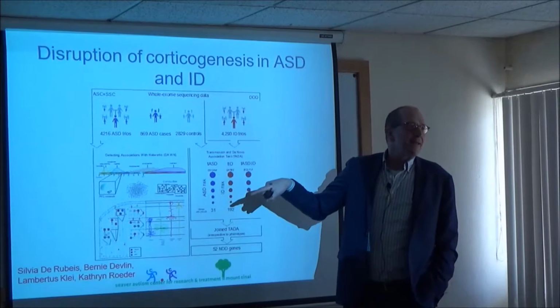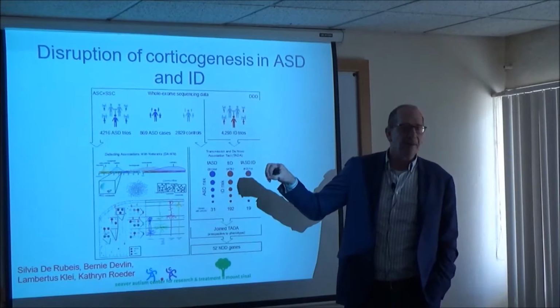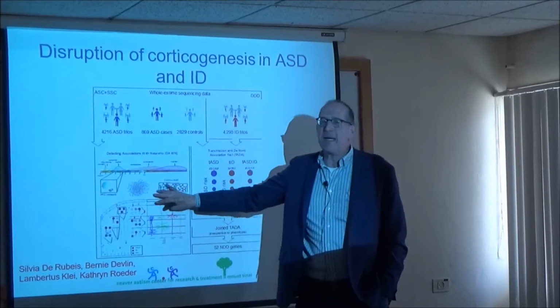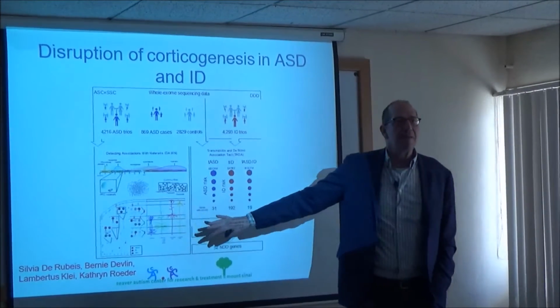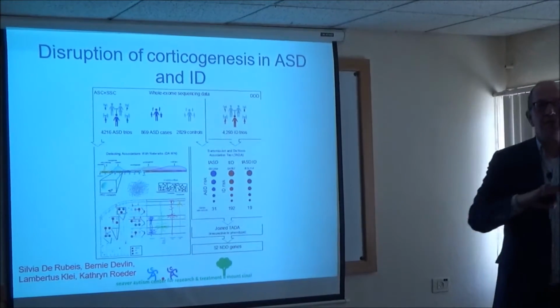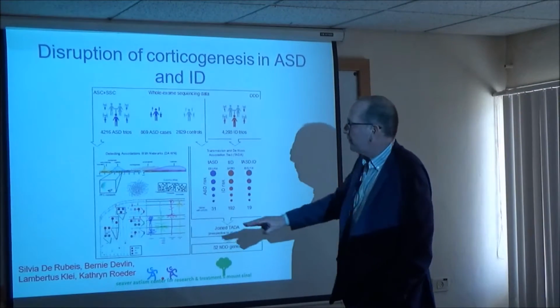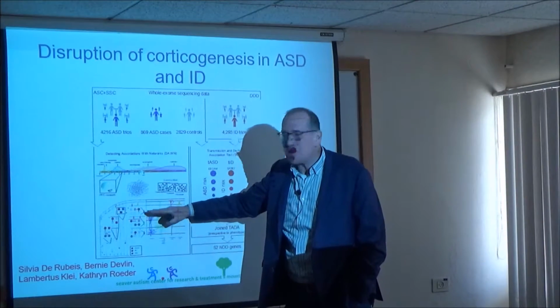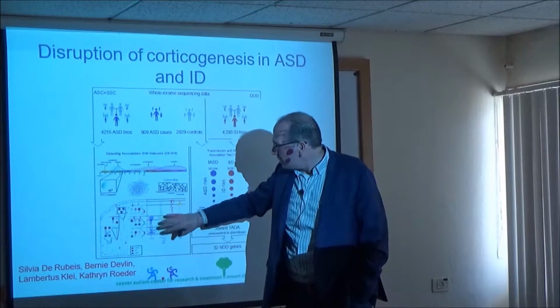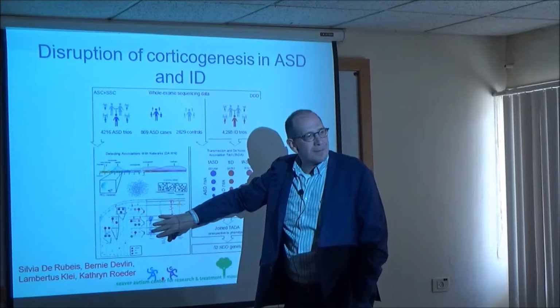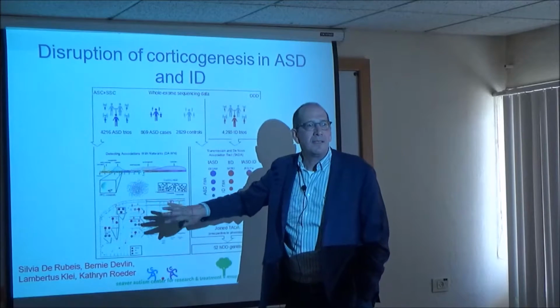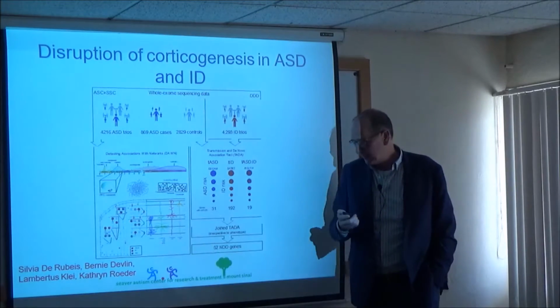If you put all that together, the autism findings and the developmental delay findings, it definitely maps to corticogenesis, the development of the cortex. Again, not in the most beautiful single pathway way, but many genes that we know are involved in specifying the layers of the cortex and making specific kinds of projection neuron subtypes are mutated in autism and or ID.